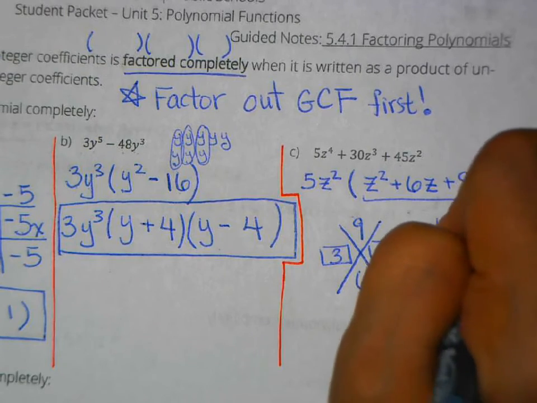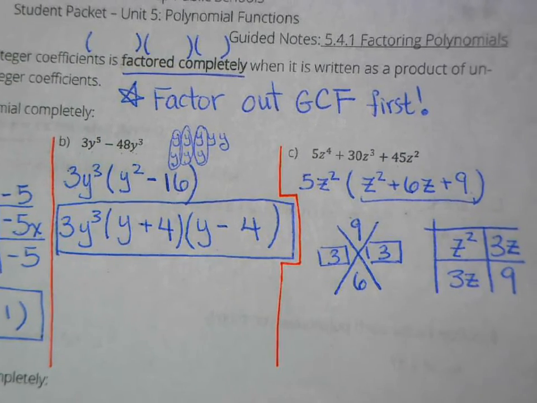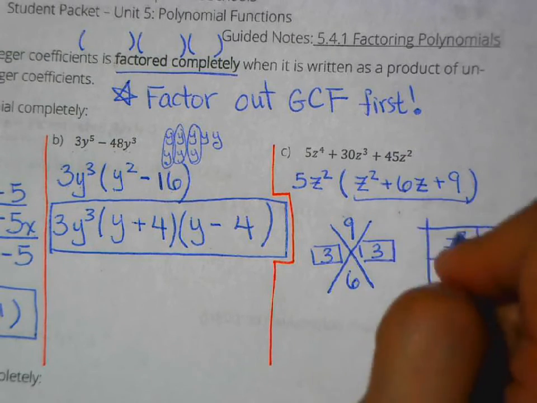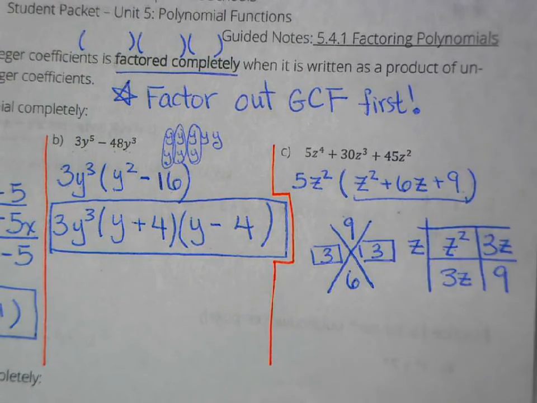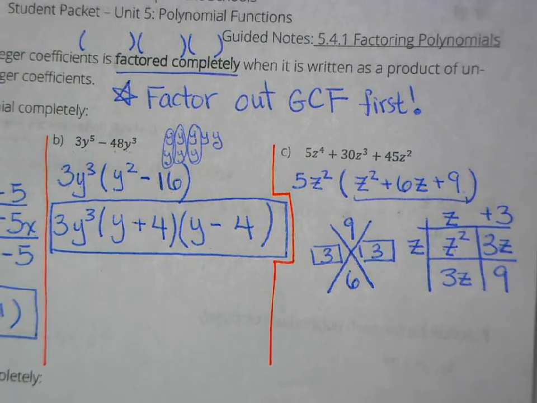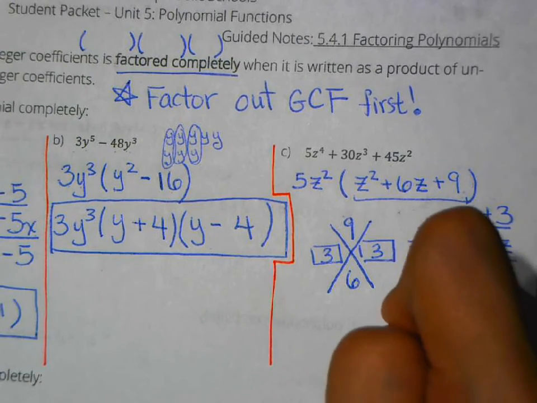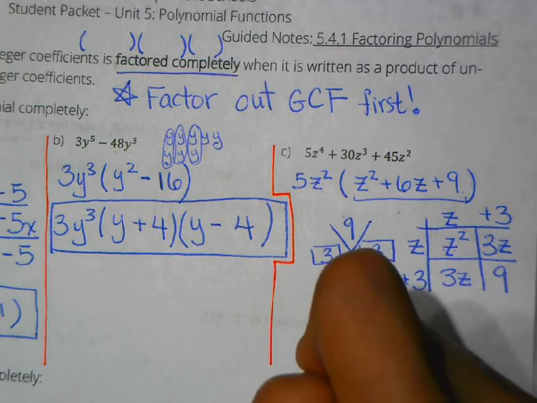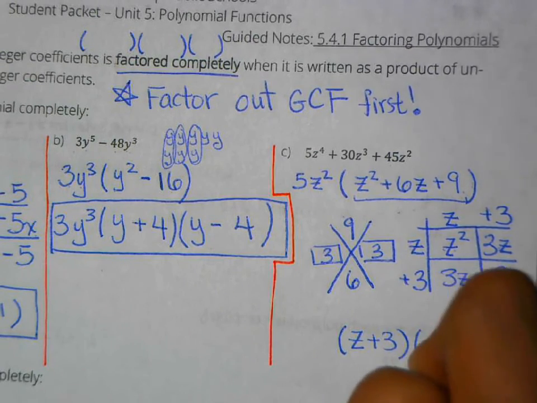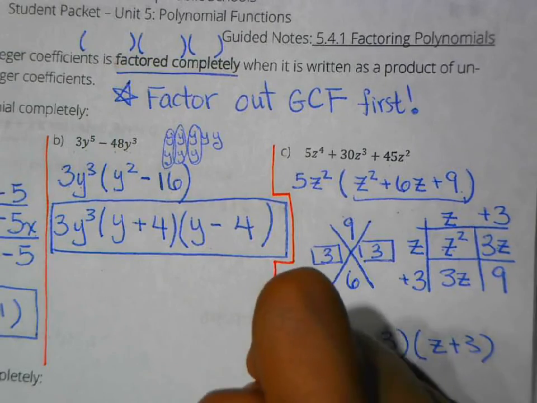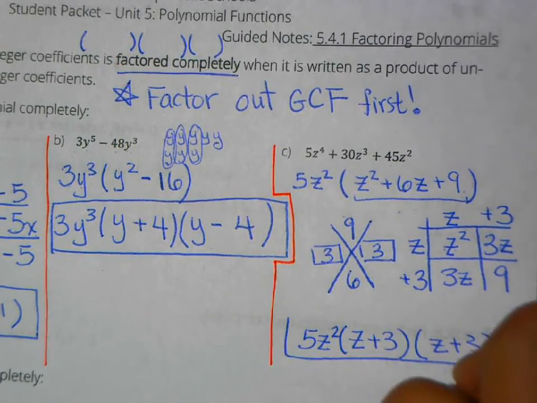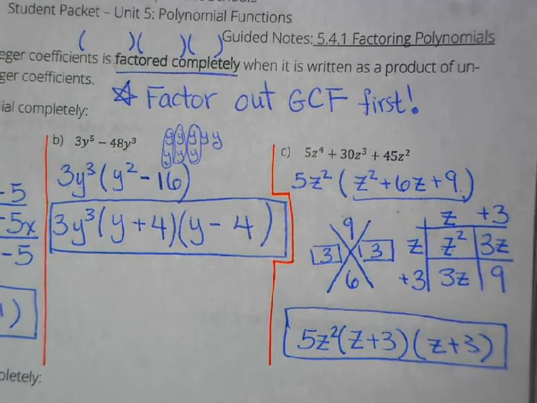The first square is z squared, the last square is 9. The greatest common factor of the top 2 boxes is z. So z times z is z squared. z times 3 is 3z. z times 3. So I get z plus 3 times z plus 3. Pull down the greatest common factor, 5z squared. I have now completely factored this polynomial.